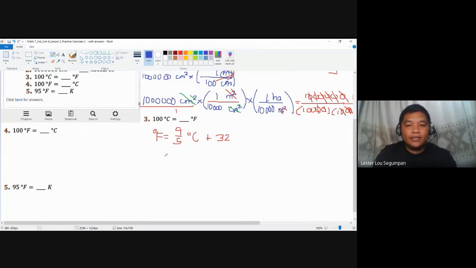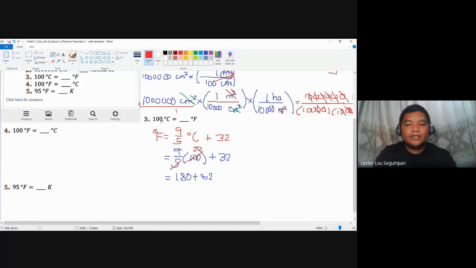And then let's just simply substitute the value for this degree Celsius here. So the 9/5 of 100 plus 32. 100 divided by 5 is 20. So you will have the result here. 9 times 20 is 180 plus 32.